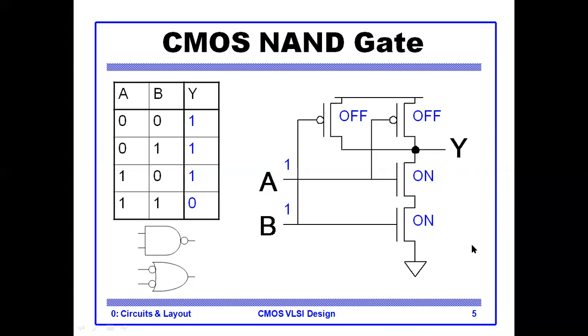Oppositely, the PMOS passes a strong one signal and degrades the weak zero signal. That's why NMOS type transistors are always used in the pull down network.